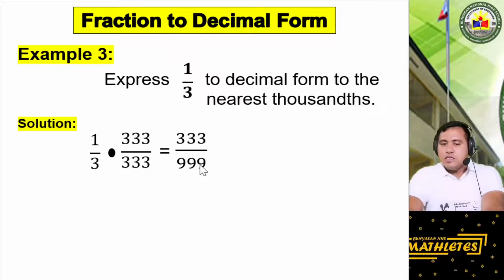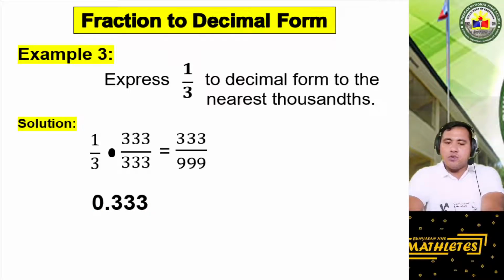Now, we can still use the process. We have 333 ang numerator. 1,000 has three 0s, so we have 1, 2, 3 moves for the decimal point.